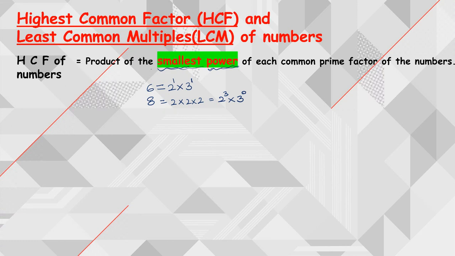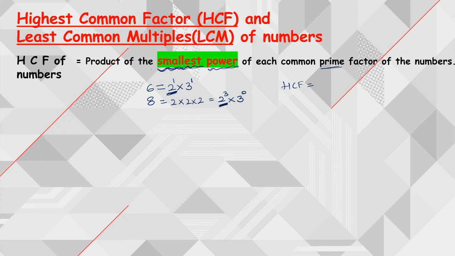Now to write the HCF, I need to take the common prime factors, and among them take the smallest power. Here the prime factor is 2, and here also the prime factor is 2, so that is the common prime factor. Now we need to see the powers, and we consider the smallest: 2 power 1 and 2 power 3.